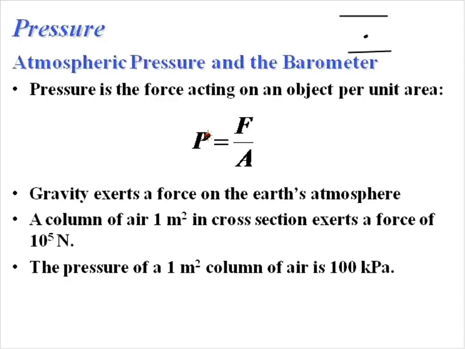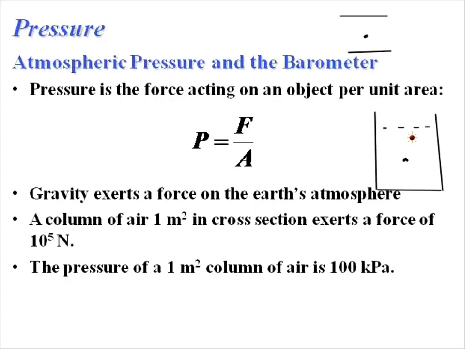So when we say this, this is only due to the atmosphere. This is only due to the atmosphere. If you are handling a situation where you have a liquid like this and you are studying this point, then this pressure will be there plus pressure due to this liquid height column.